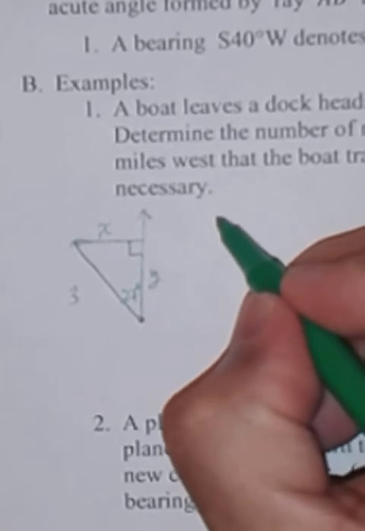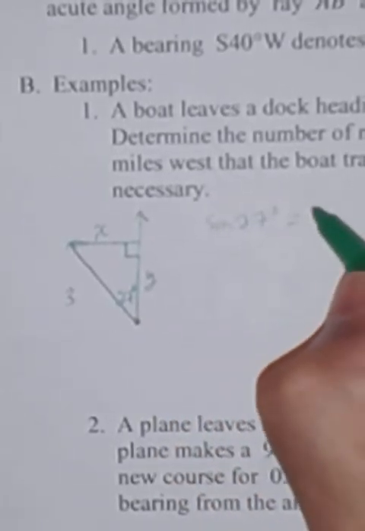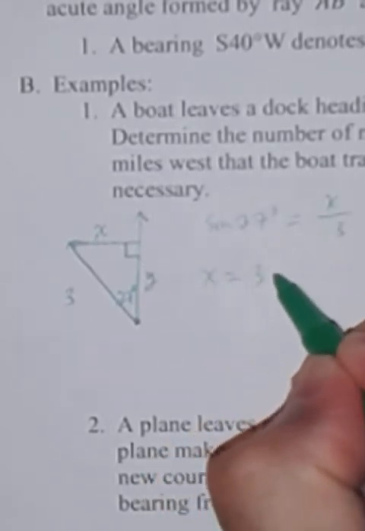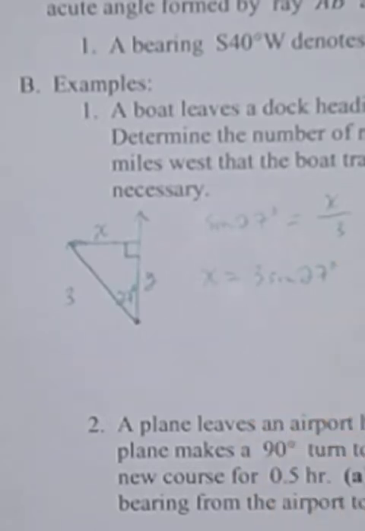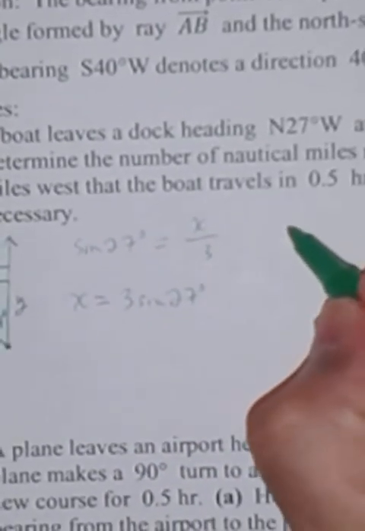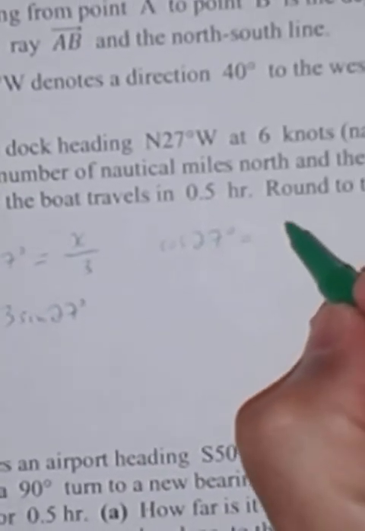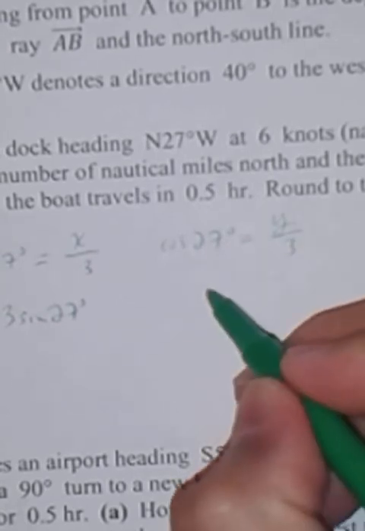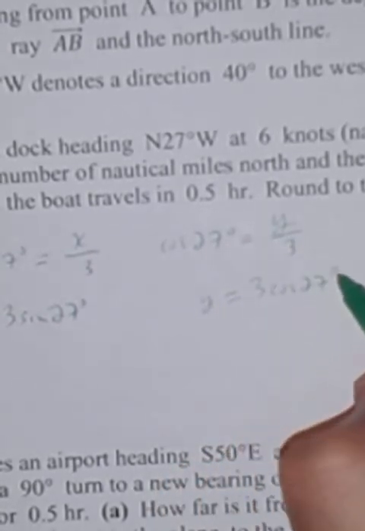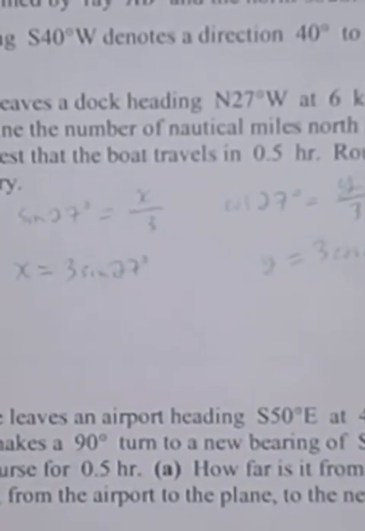So I'm going to say the sine of 27 degrees is x over 3, and so x is 3 times sine of 27 degrees. And I also have that the cosine of 27 degrees is y over 3, so y equals 3 times the cosine of 27 degrees. All right, so I have exact answers, and this is round to the nearest tenth if necessary.